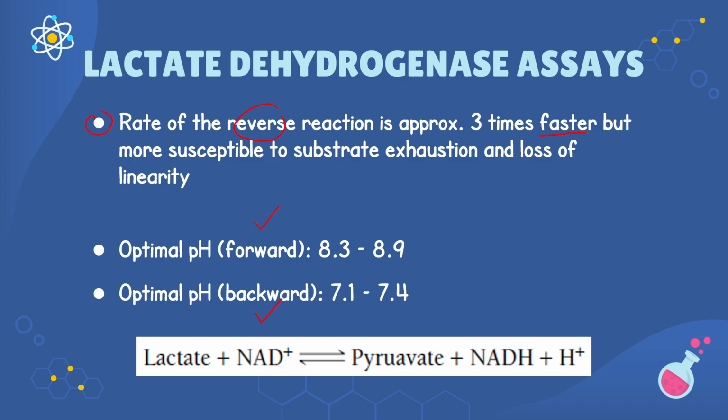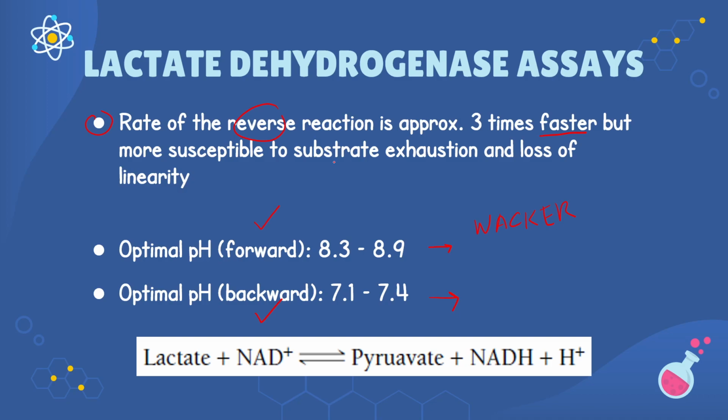So, the optimal pH for your forward reaction is 8.3 to 8.9, and the optimal pH for your reverse reaction would be 7.1 to 7.4. Now, the reverse and the forward reaction of your LD also have their specific names. For your forward, that is what we call your Walker method.